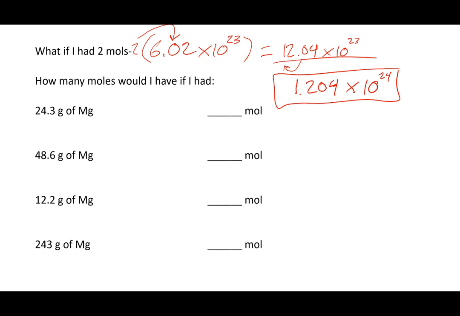Okay, so how many moles would I have if I had 24.3 grams of magnesium? Well, I'll give you a hint. 24.3 atomic mass units is the atomic weight for magnesium. That is found on the periodic table. Okay, it's at the bottom, right?